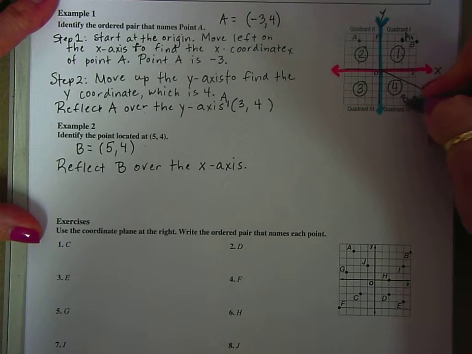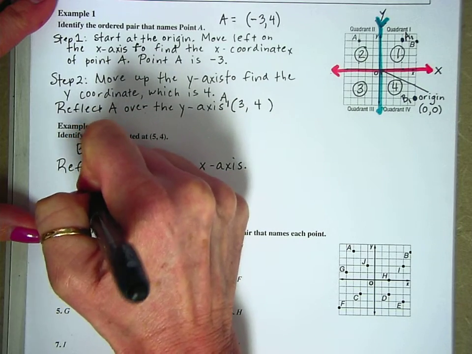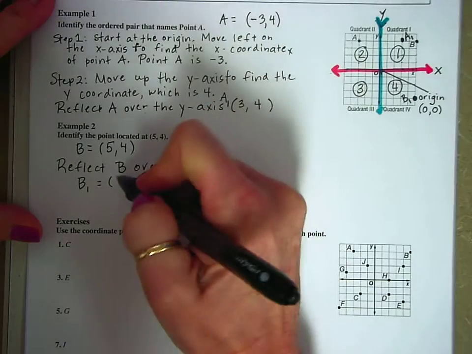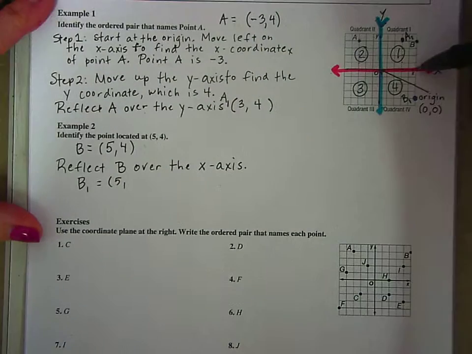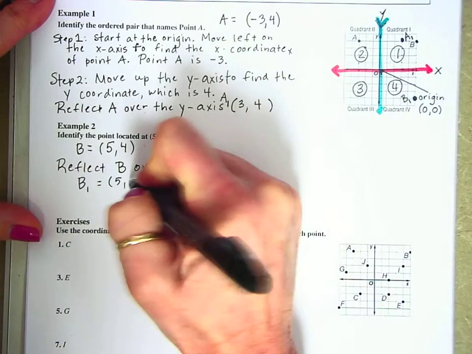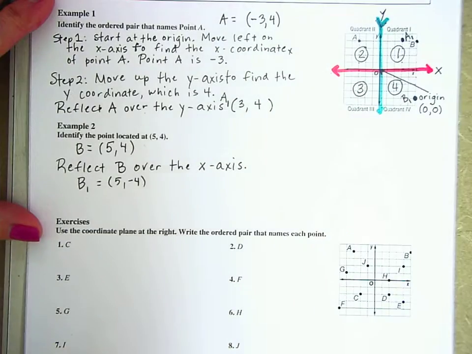And we would say B with the little dash. So the reflected B, let's see where that's located, at 1, 2, 3, 4, 5. Okay, so it's still positive 5, but we're going down now, so negative 1, negative 2, negative 3, negative 4. So the reflected B is located at 5, negative 4.